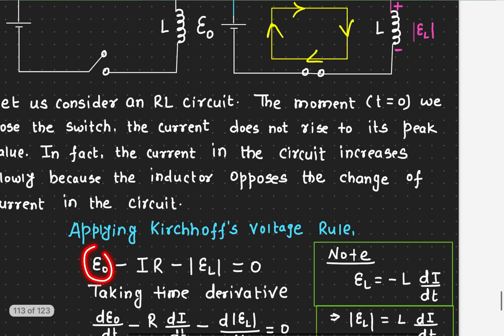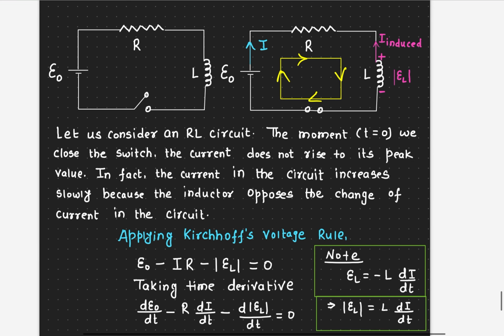The other term is the voltage across the resistor. If the current direction and the loop direction are parallel, then it must be negative. The voltage drop across the resistor is I times R, and this must be negative because the current and the loop direction are parallel.